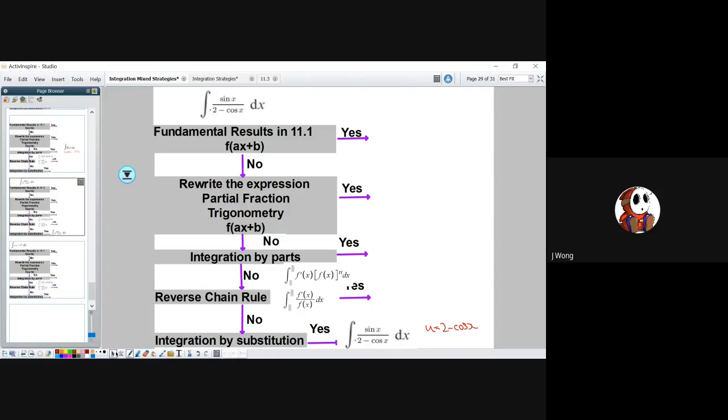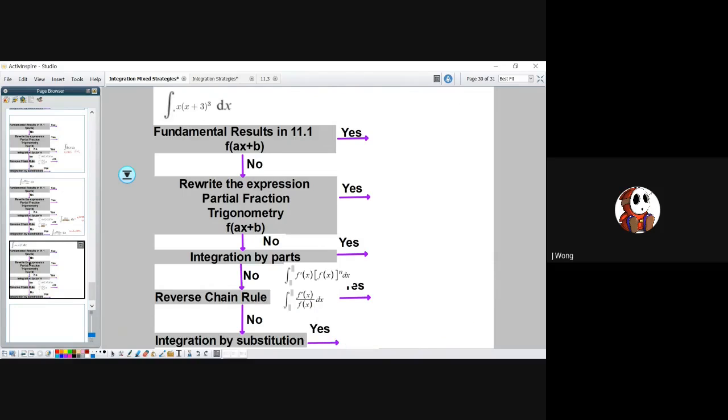If you would like to use reverse chain rule, the quicker method, then this is f of x. When you differentiate the one in brown, you will get just sin x. That is the format that we have, and that will lead us to ln of 2 minus cos x plus c, and that will be the answer.